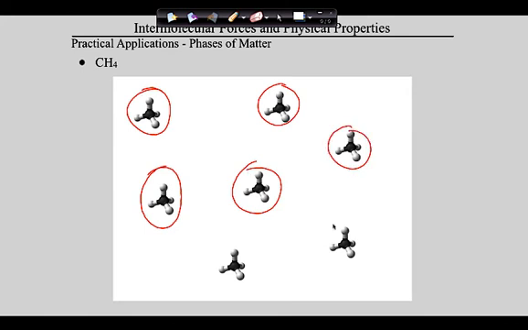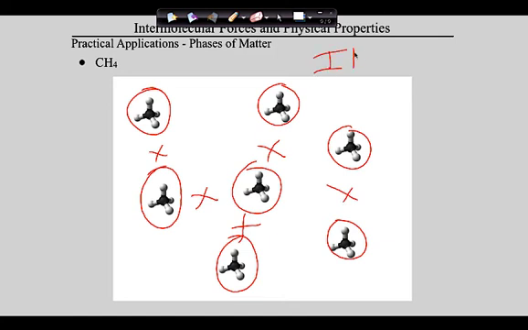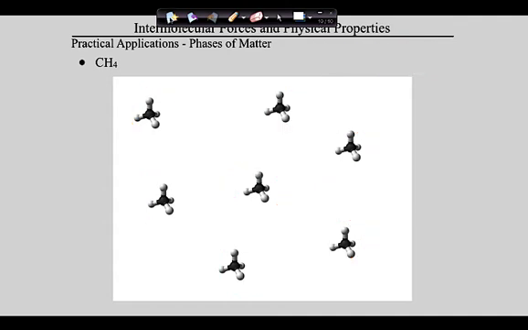These molecules do not have attractions for one another. Remember that the attractions between polar molecules are called IMFs, Intermolecular Forces. And you'll notice that these molecules are not polar. Because they're not polar, they do not exhibit intermolecular forces. They do not attract each other. As a result, these things are gases.